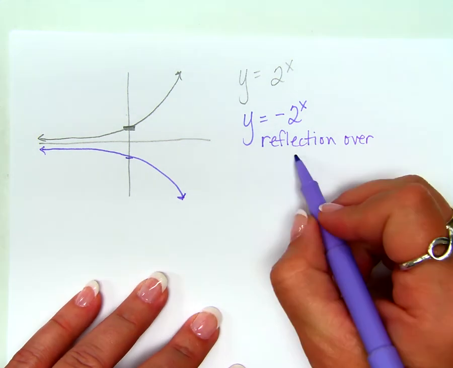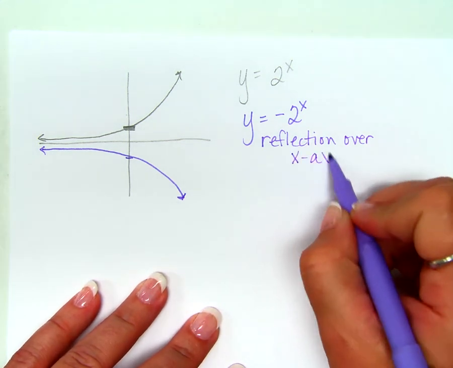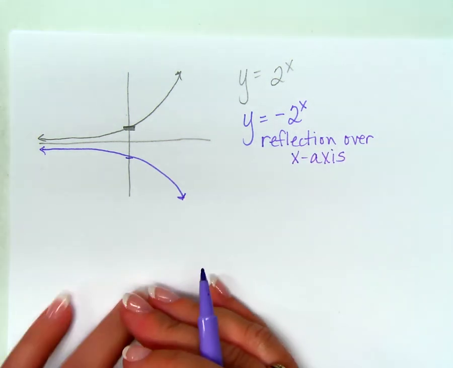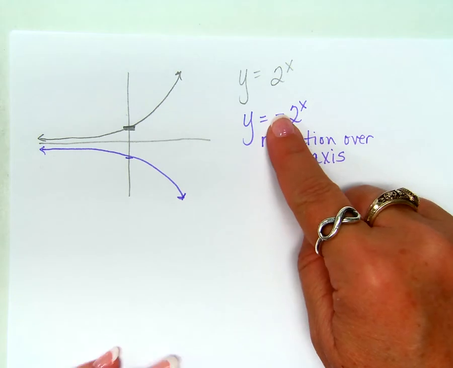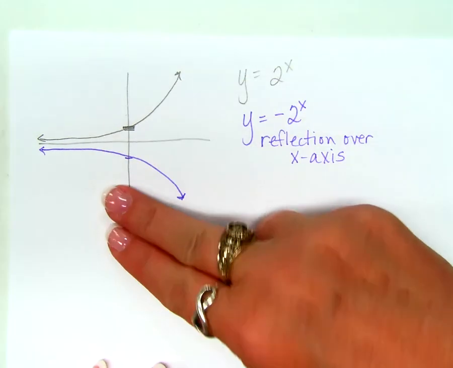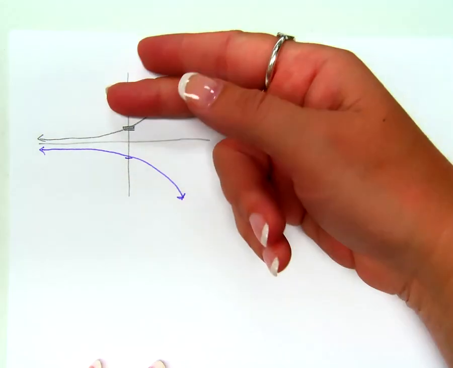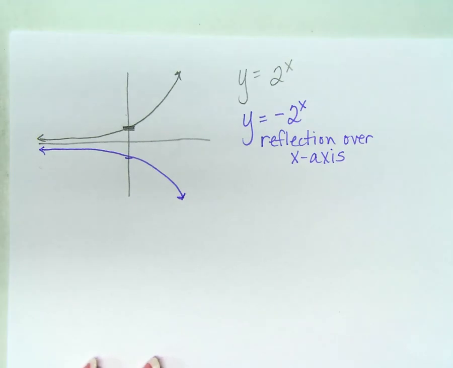The y-axis. Close. Yeah, x-axis. Didn't we say, though, that it would be a vertical change because it was outside? Is this a vertical change? Yeah. Up and down? It sure is, isn't it? Okay.